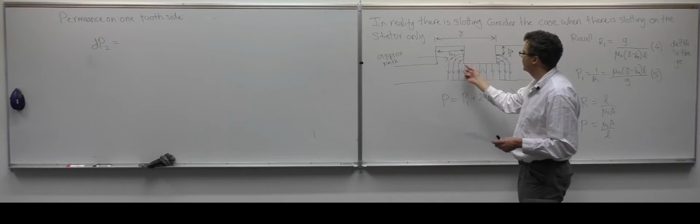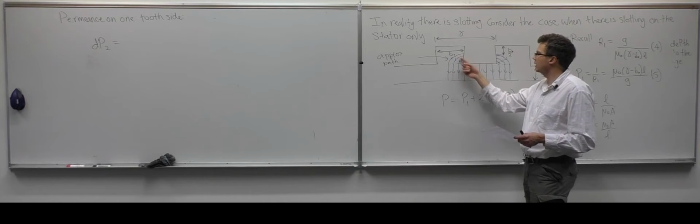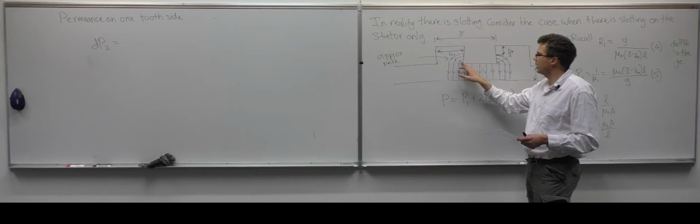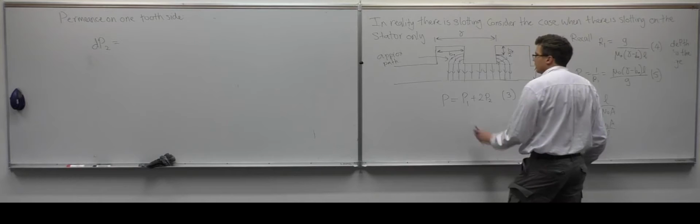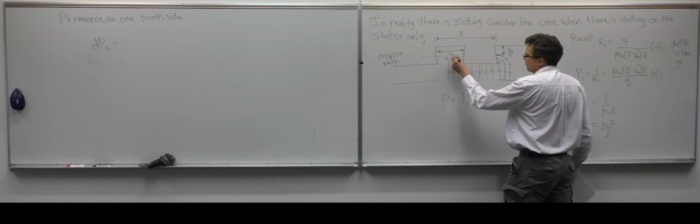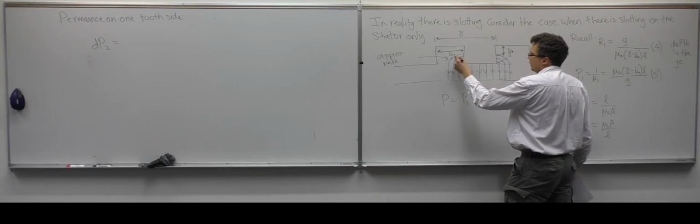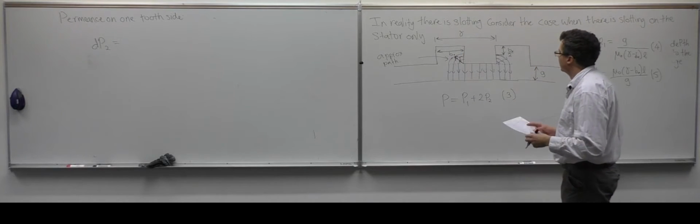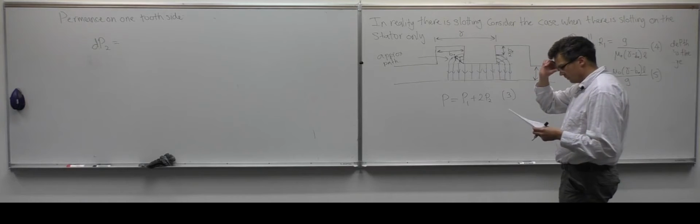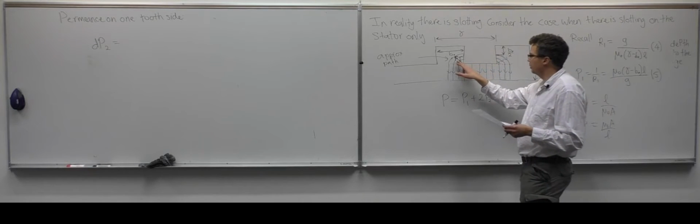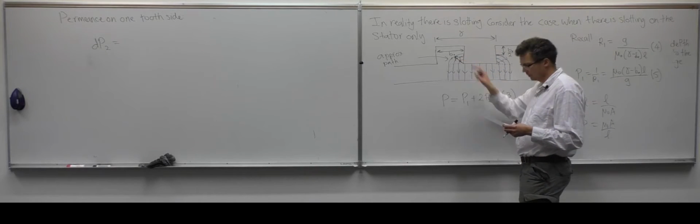Okay, and then we have to integrate that across this width. It's going to be a varying radius. That radius r is varying, so we're going to have to use an integral. So the permeance of a particular r can be written out.